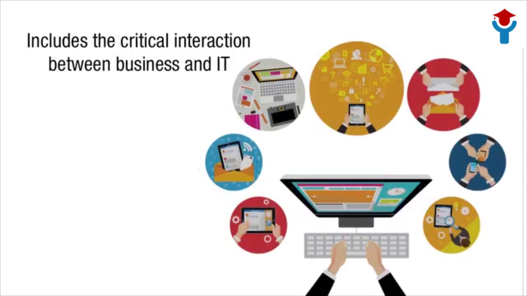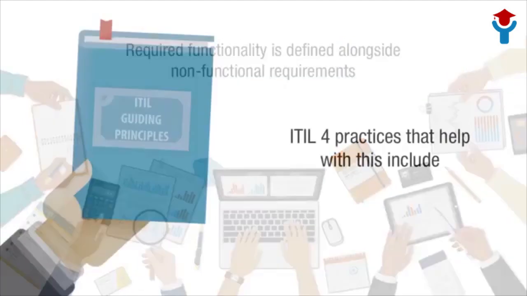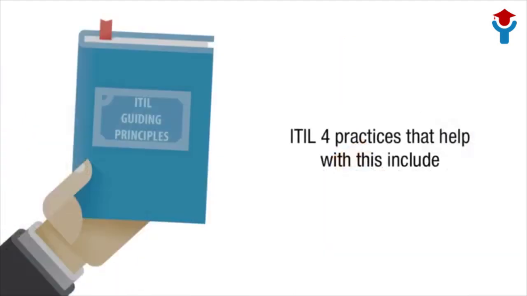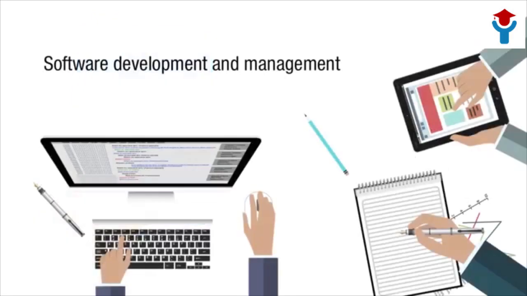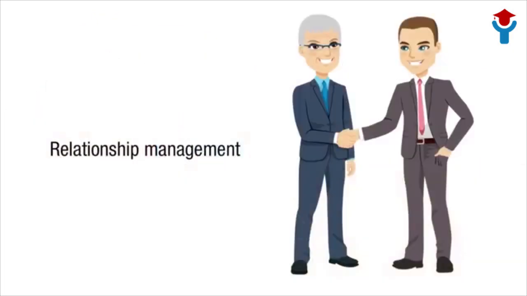This includes the critical interaction between business and IT, in which the required functionality is defined alongside the non-functional requirements. The ITIL 4 practices that help with this include, among others, software development and management, business analysis, and relationship management.